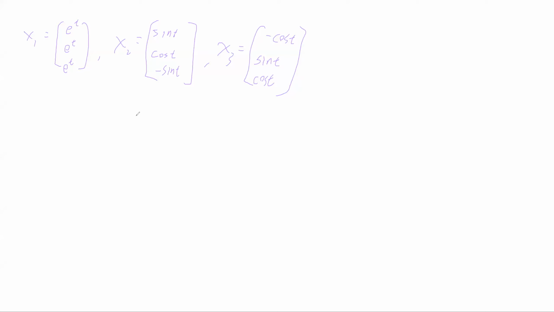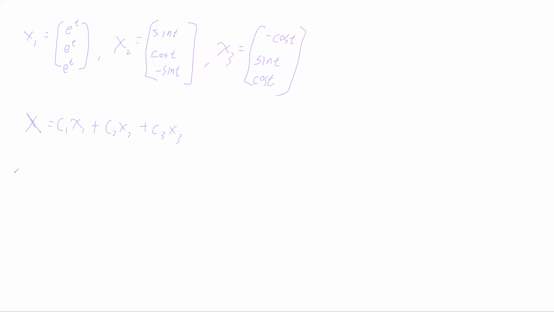We know that they're linearly independent, so our solution x is going to be c1x1 plus c2x2 plus c3x3, where c1, c2, and c3 are some constants. In order to find out what c1, c2, and c3 are, remember we will need some initial condition. Since in this case we are not given an initial condition, all we need to do is find the general solution.